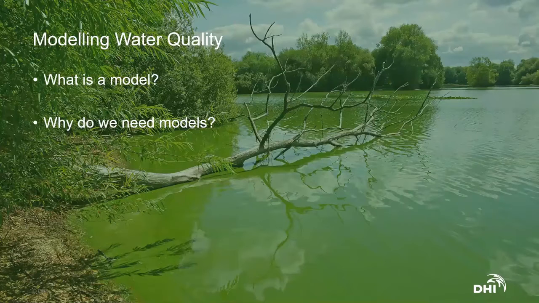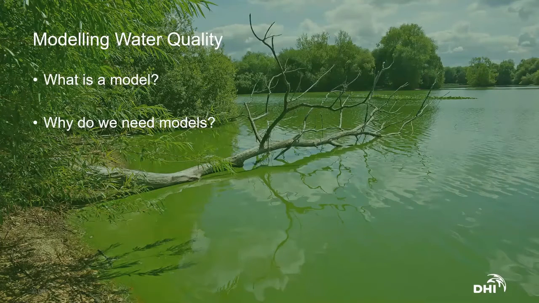So if you have an idea that some processes or factors influence the ecosystem to a high degree, you can actually build a model and then test if this is the case or not. It's also an intelligent interpolation or extrapolation tool.